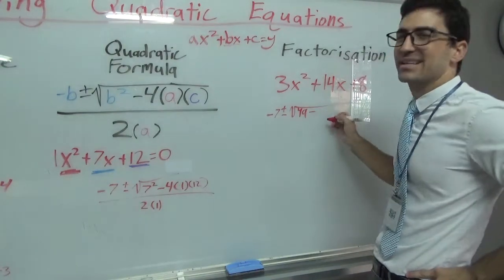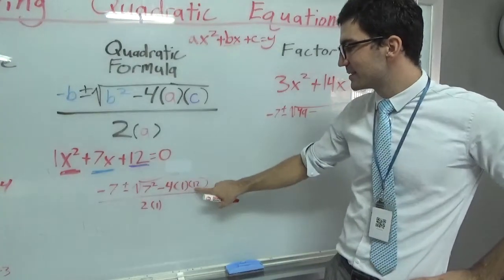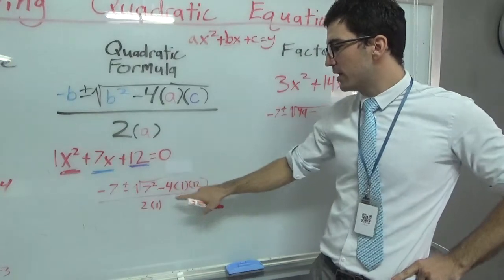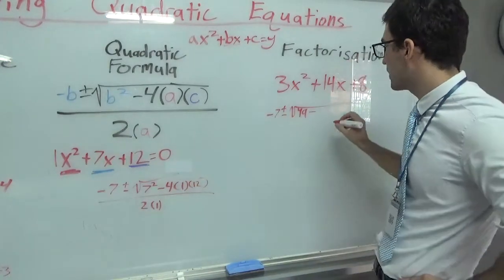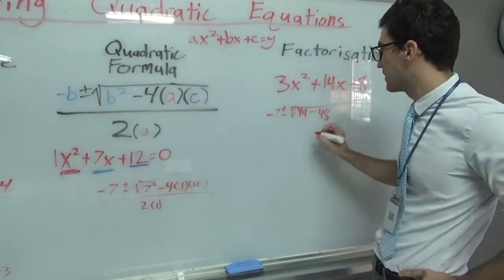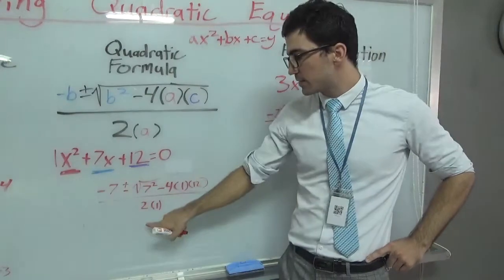49 minus 4 times 1 times 12. So 4 times 1 times 12 is going to be 48. Well, that makes it very easy. All over 2 times 1.